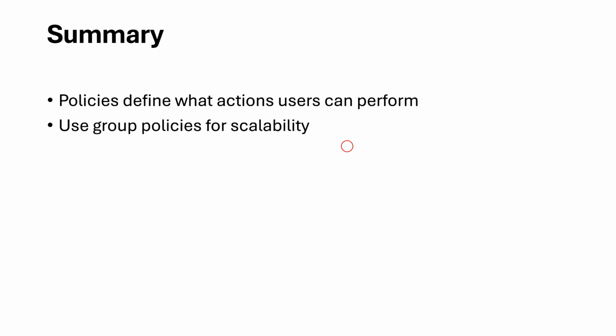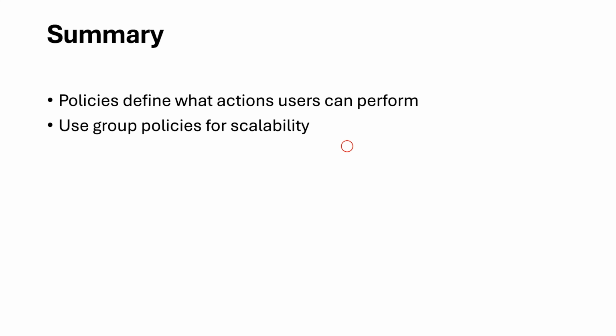And use group policies for scalability. For example, if you give inline policies to 10 users and that policy defines only the same access, in that case it won't make sense, right? It is redundant. For example, you have a bunch of developers, and for each and every developer you are giving access to the same S3 development bucket, and you have to repeat the same IAM policy for all the 10 developers.